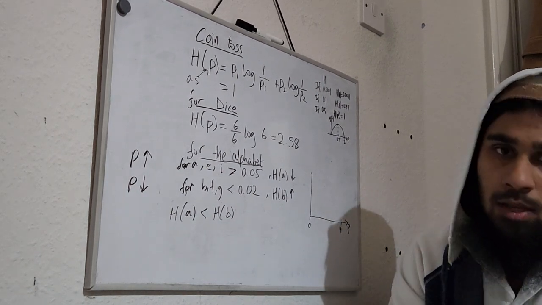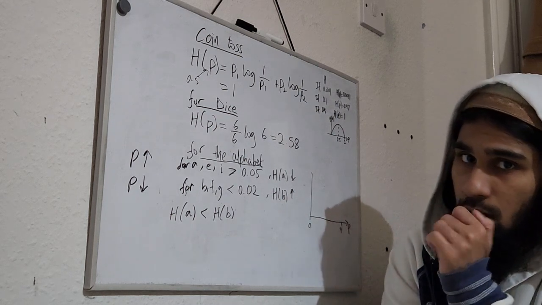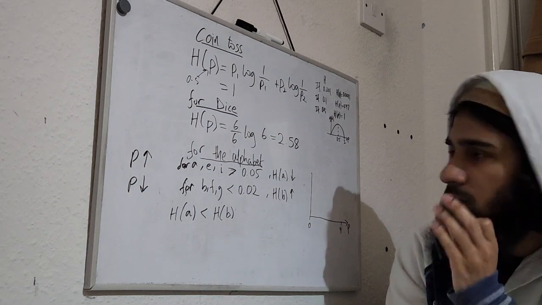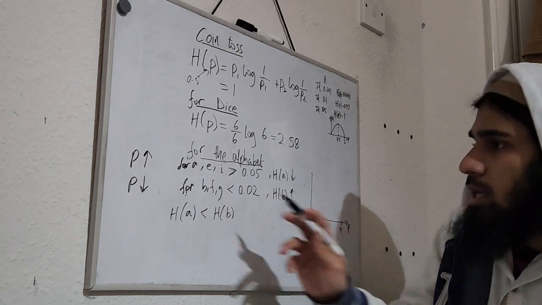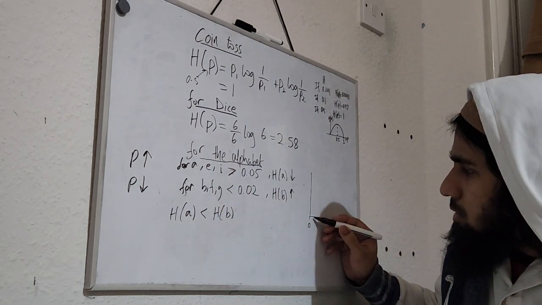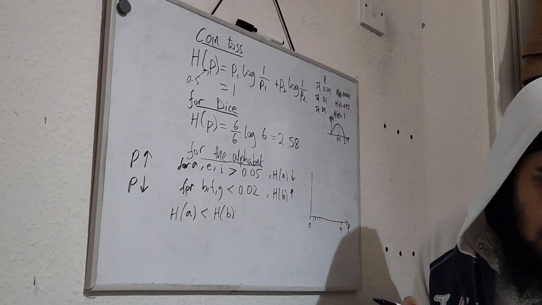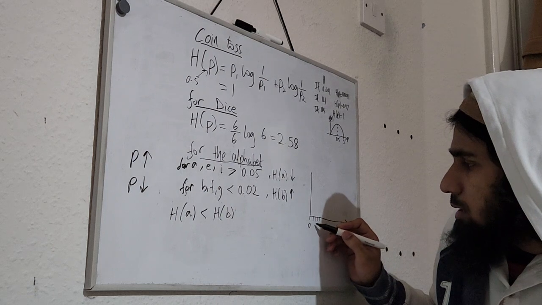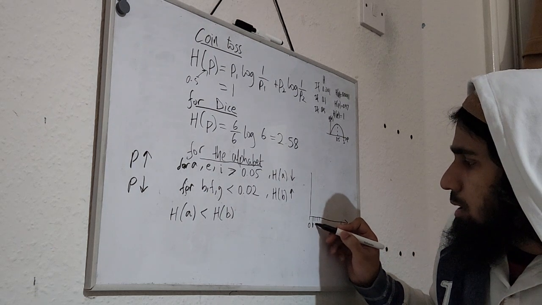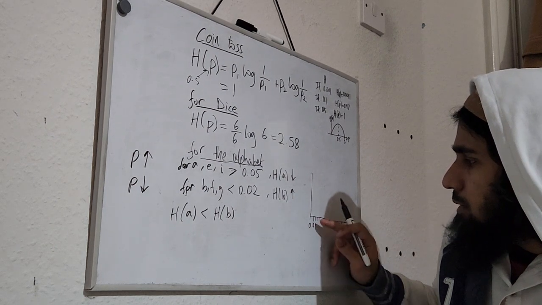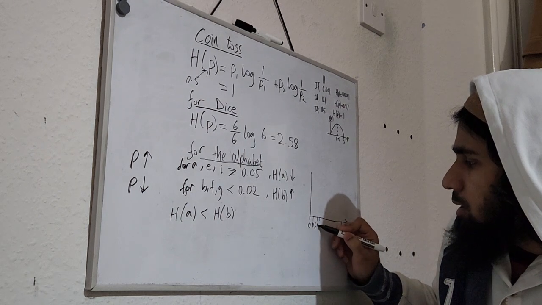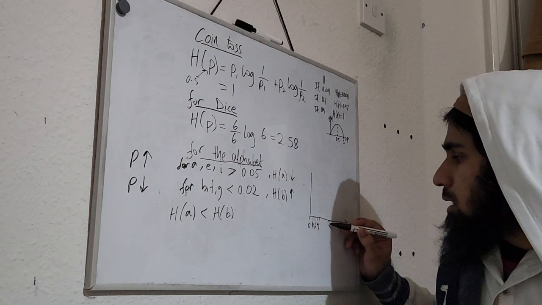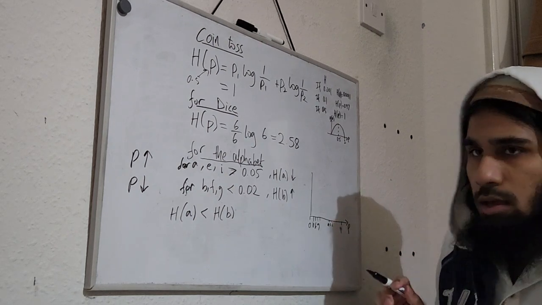So the letters that have the lowest probability of occurring, let's say B, F, G, right? That's the lowest, like around here. And the ones that are the most probable, like A, E, I, they'll be here.